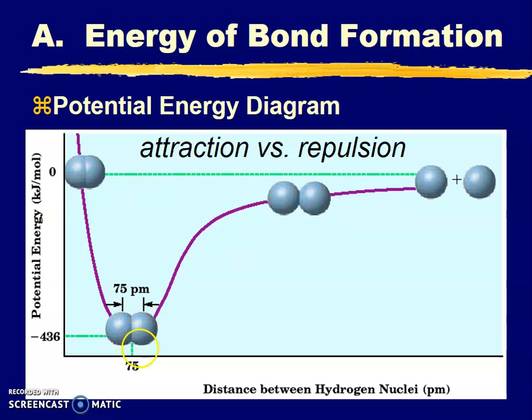But then if the atoms continue to move apart, what we see is the potential energy increasing again. Because at this point, now they have high attraction forces, and they're trying to pull towards each other to get closer together. But if they continue to move even further apart, you're going to reach a point where there is no attraction anymore, and there's no interaction at all, because they're so far apart that they can't even have that attractive force.